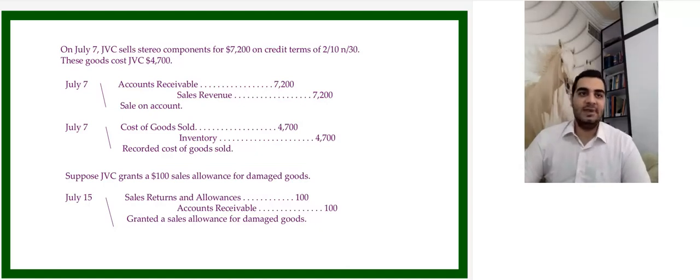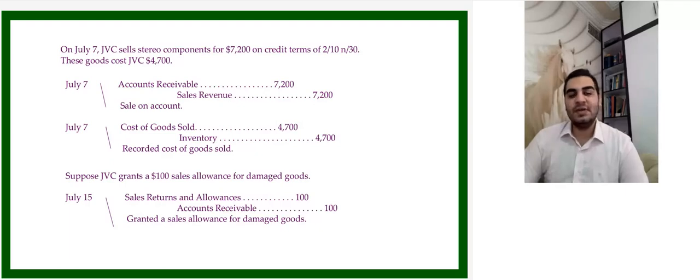On July 7th, it was selling, sorry, so our accounts receivable is debited for $7,200, and our sales revenue is credited for the same amount. This was a sale on account. Then the next entry is for our CGS. Our cost of goods sold is debited for $4,700, and then our inventory is credited for the same amount.